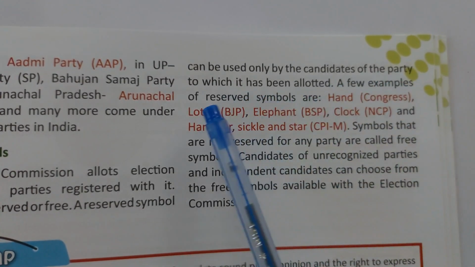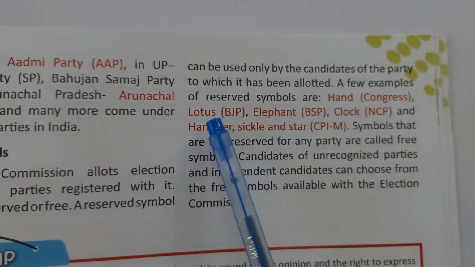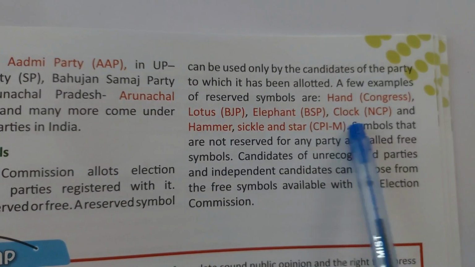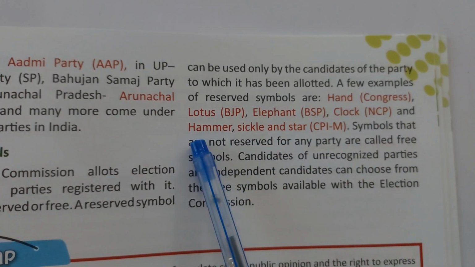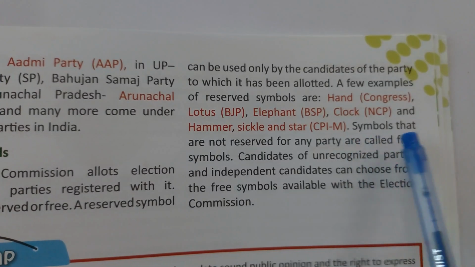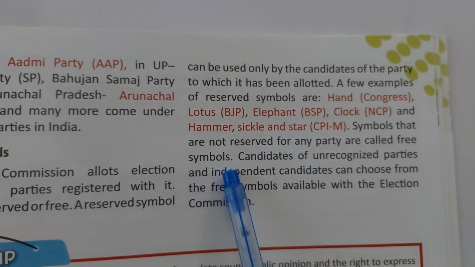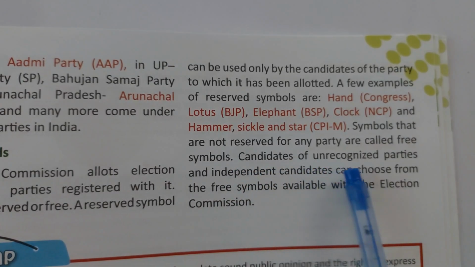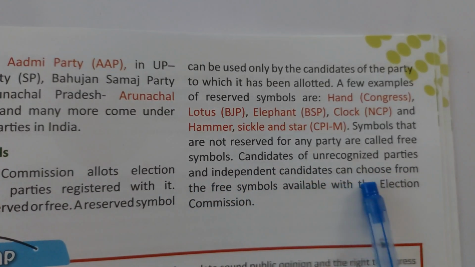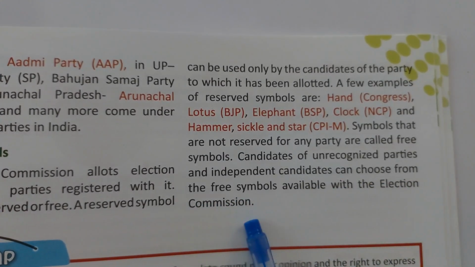A few examples of reserved symbols are hand, Congress; lotus, BJP; elephant, BSP; clock, NCP; and hammer, sickle, and star, CPIM. Symbols that are not reserved for any party are called free symbols. Candidates of unrecognized parties and independent candidates can choose from the free symbols available with the Election Commission.